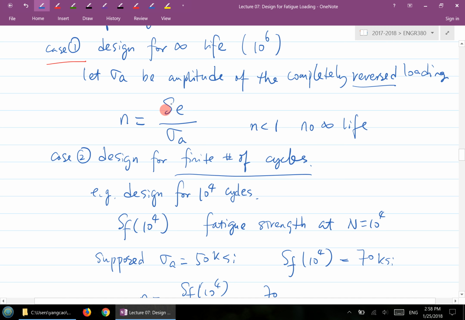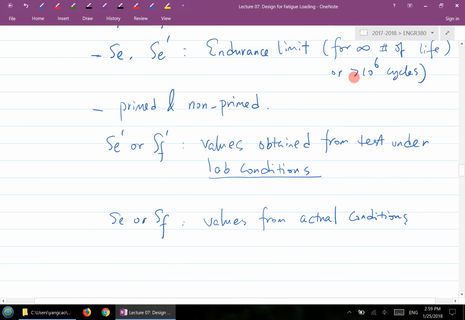The Se here is the endurance limit, probably reduced due to the harsh environment the part is put under. That's why you need to obtain the actual Se or Sf.